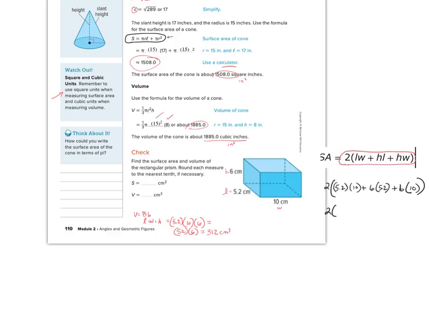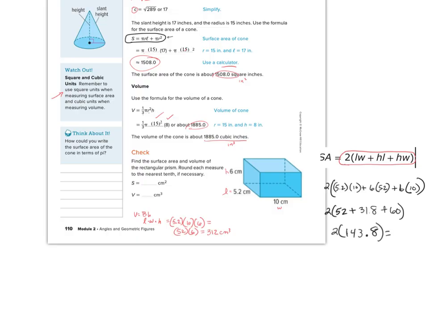You got 2 times 52 plus 31.8 plus 60, 2 times 143.8.